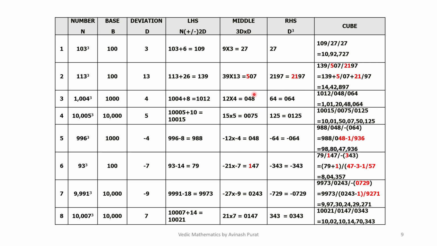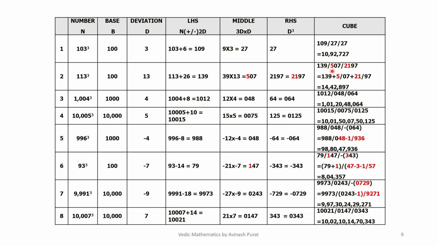Now, base being 100, there are only two zeros in the base. So middle and last terms are more than two digits. We have to take the first and second digit, and the first digit to the left.